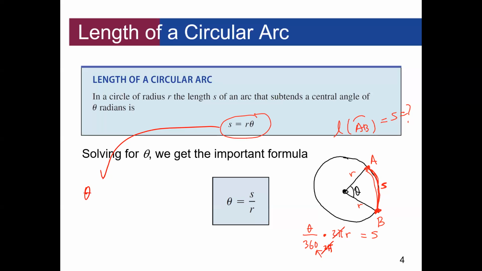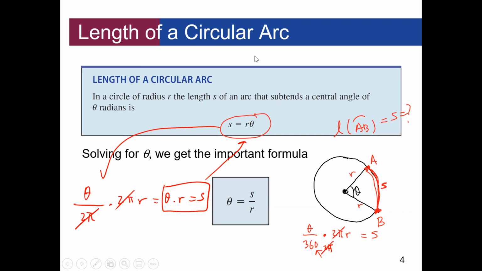When theta is in radian, you divide by 2 pi instead of 360, and then multiply by 2 pi r. But then this 2 pi cancels, so you get theta times r, equal to s. That's where this is coming from. And this bottom one is, if you want to find theta, then you just divide both sides by r. Okay, so I hope that's clear.